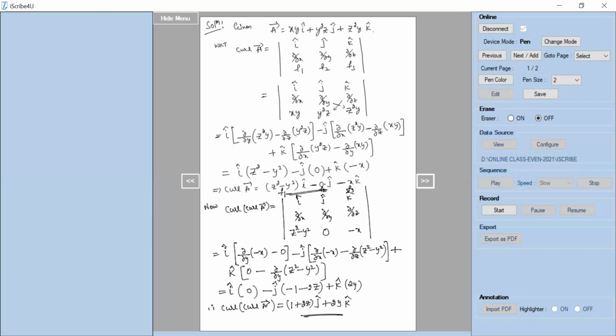So this is the required answer for this problem. This is how we can find curl of curl A. So this is the procedure of finding the curl of a given vector. Now in the same way we can find the divergence also. So let us discuss how to find the divergence of a vector now.